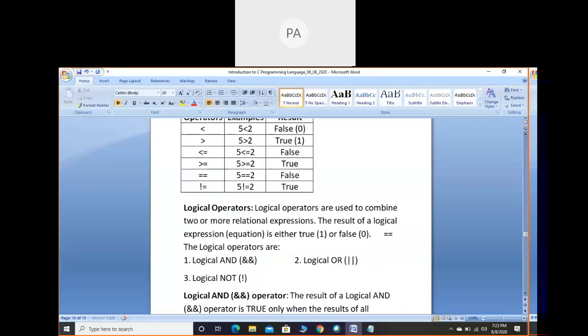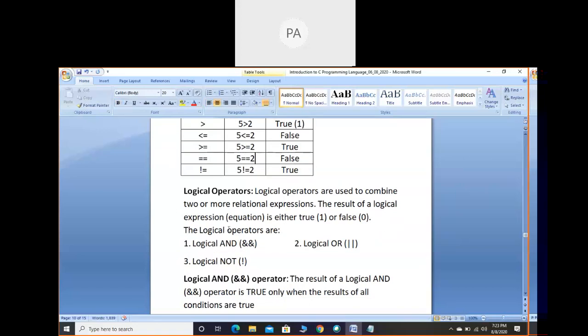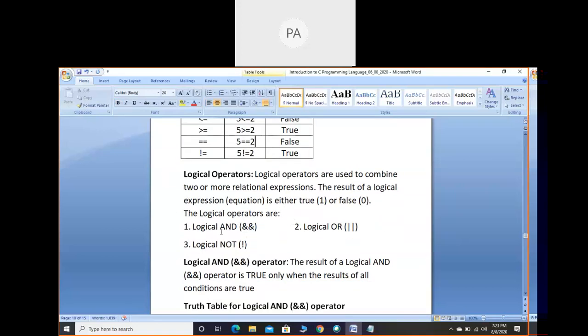So there is a difference, and no need to worry. We can directly say "is 5 equals to 2", and it is understood that it is a relational operator. If you want to mention to the receiver that we have used double equals to, then that is understood as well. Next, coming to the types of logical operators, we have logical and, logical or, and logical not.